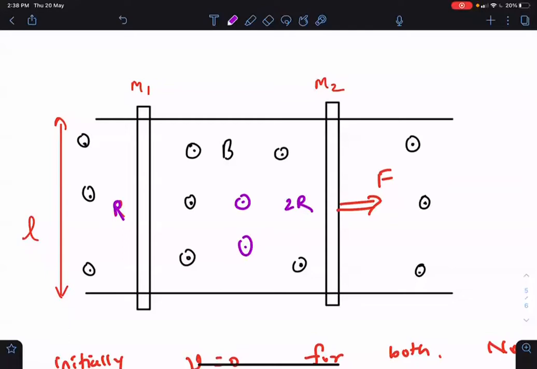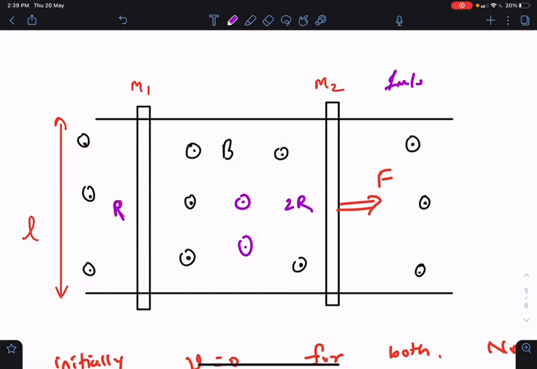As soon as M2 starts to accelerate, as soon as M2 gains velocity, obviously initially it will gain only a tiny velocity, negligible, maybe only 1 meter per second, because just now it has started to move. Let's say this force has acted for only 2 seconds, so it has got very little velocity.